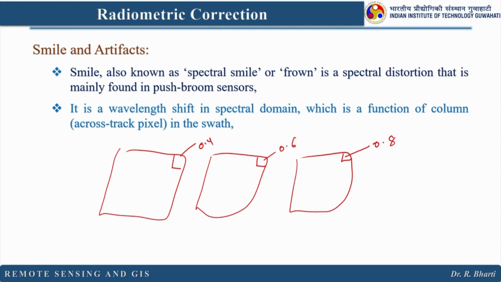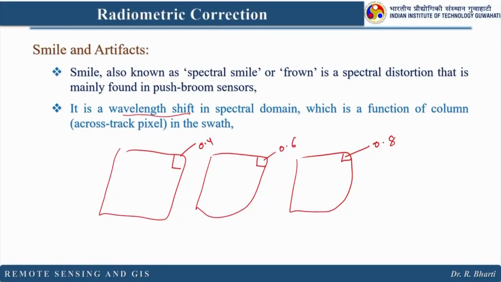Now how are we going to explain this wavelength shift? The value which was supposed to be in band 3 of this pixel got recorded in band 2 in this particular pixel, and then this particular pixel value got recorded in band 1 here, right.